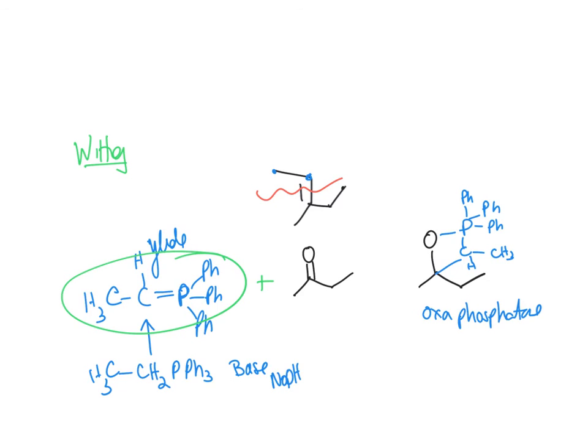It's a four-membered ring, and then it does a 2 + 2 cycloreversion. I tell you that phosphorus loves oxygen, so phosphorus is going to hold on to that oxygen and make a double bond with the oxygen. This is triphenylphosphine oxide.